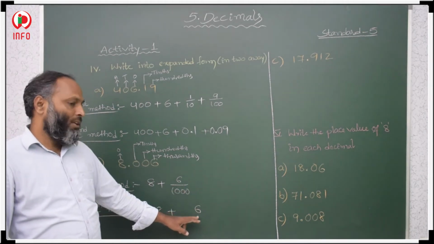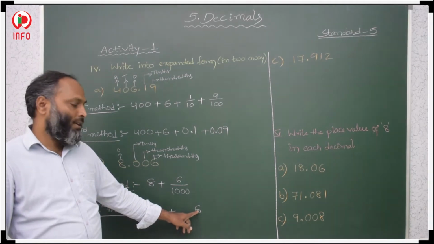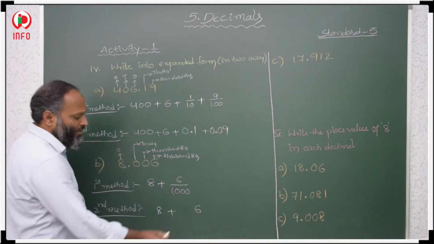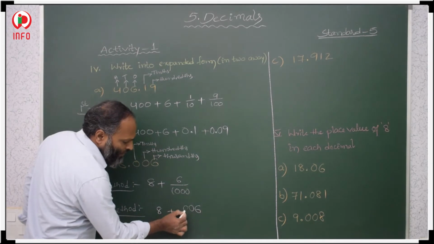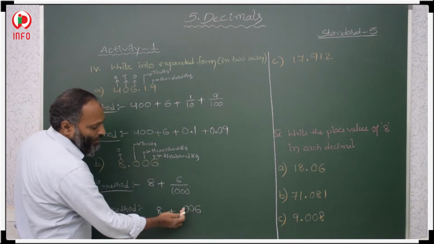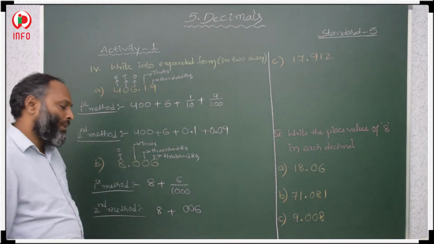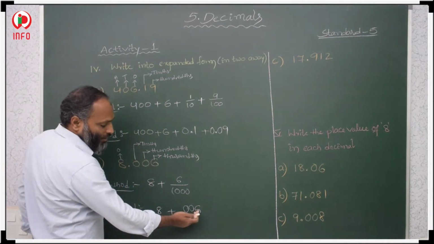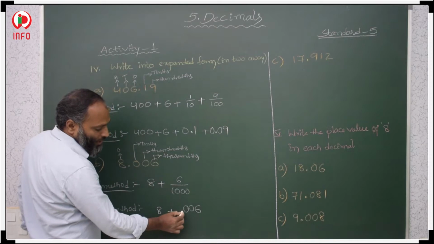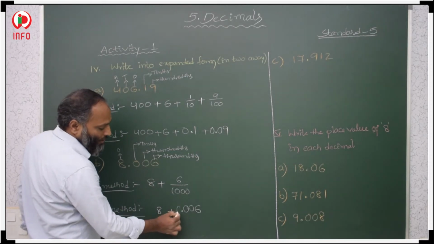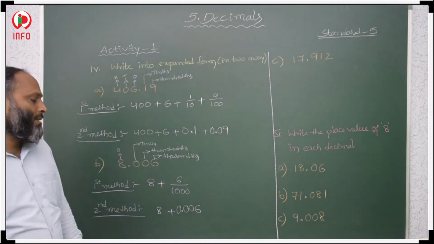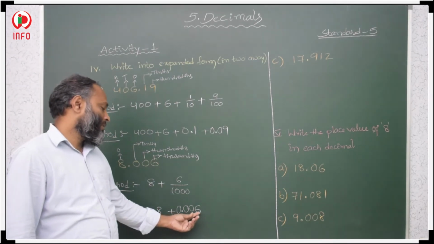After 3 places we keep a decimal. Here only 1 place is there, 2 more places we need, so we keep 2 zeros here. After keeping 2 zeros, it makes 3 places. Then we keep a decimal, and no number is there, so keep a 0, that is 0.006.